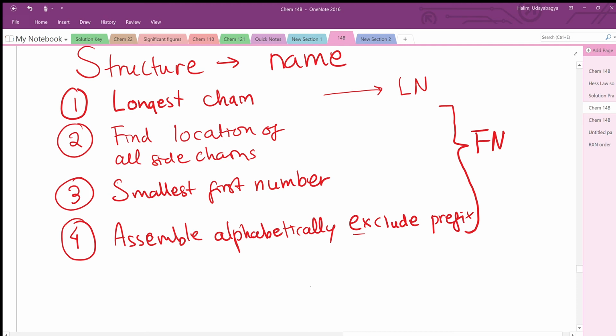So if I have this particular structure, what's the last name? 6 is hexane. Thank you. Now, let's say I have a carbon molecule sticking out here and here.